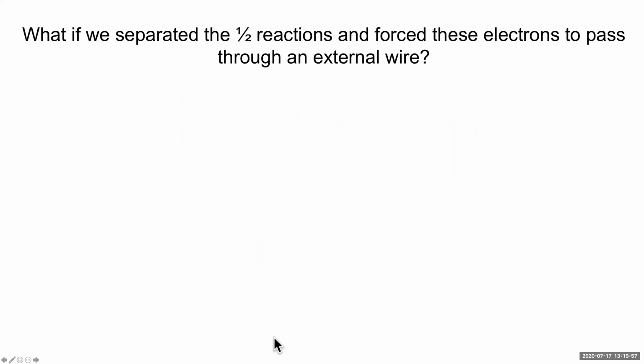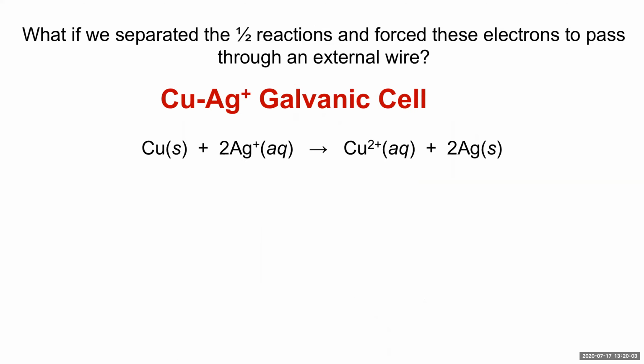So what if we separate these half reactions and force the electrons to go through an external wire? Well, that's what's called a galvanic cell. So let's look at our friendly redox reaction of copper wire and silver ion solution.